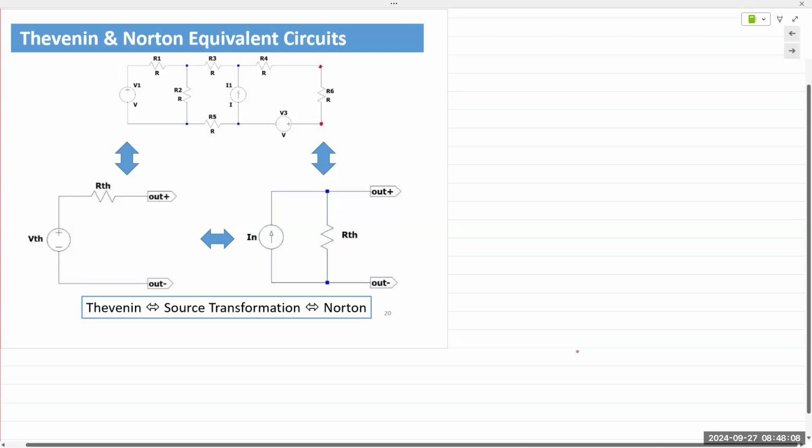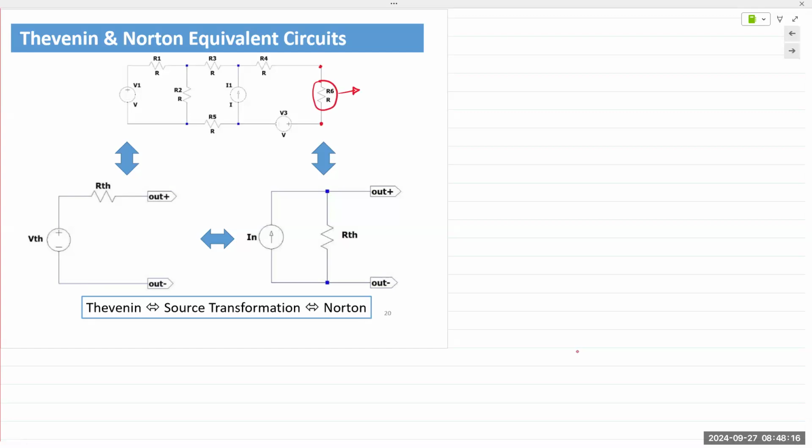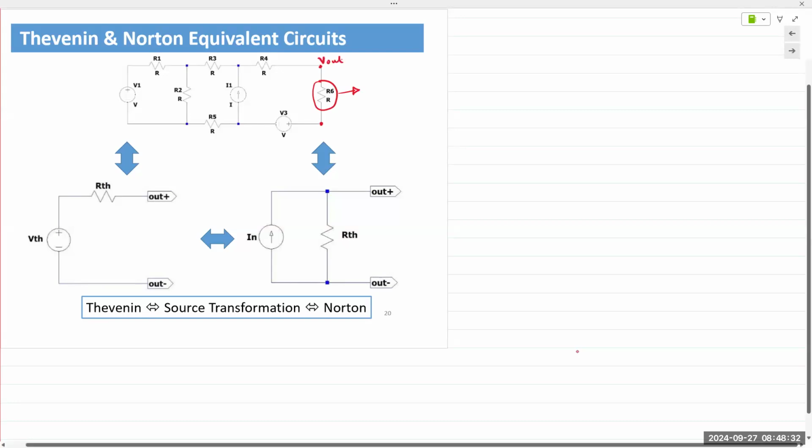Okay, and R6. So the example I use when I teach those classes is you're trying to find a value for R6. So instead of doing multiple analyses, all you wish to do is remove R6 from your analysis and analyze the rest of the circuit without R6. And you can represent that between these terminals.